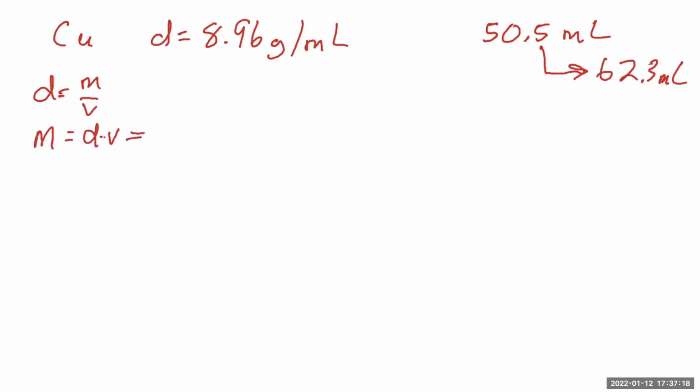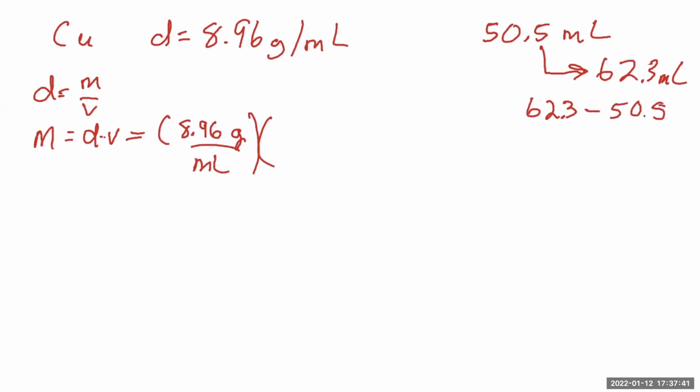We know the density is 8.96 grams per milliliter. We know the volume is how much it displaced the water, how much it rose. So it's 62.3, what it rose up to, minus 50.5 where we started.